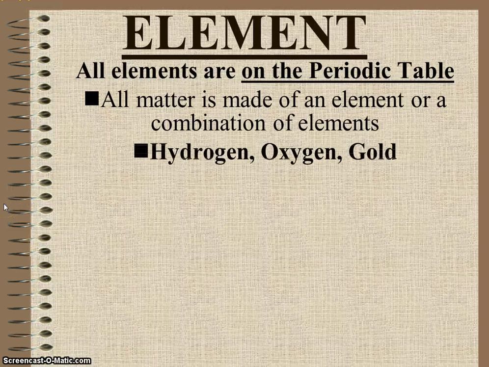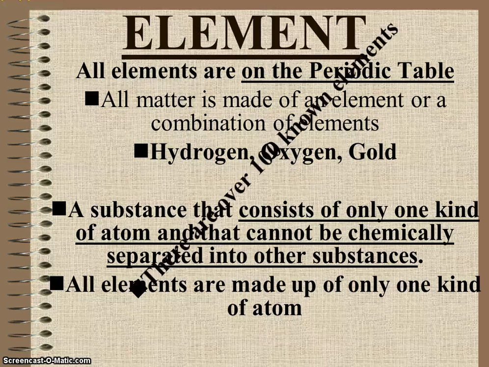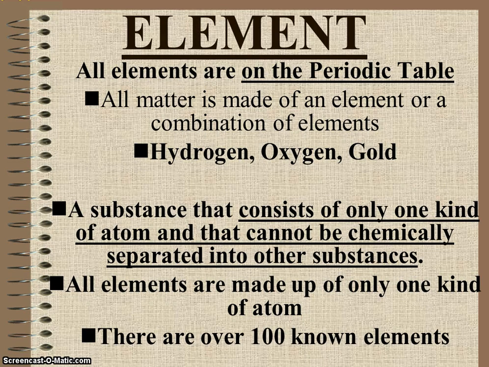First, it's important to know what an element is. You've probably heard us refer to elements in class when we're talking about atoms, because they're really very relatable terms, right? You can find all the elements on the periodic table. All matter is made of elements or a combination of elements. That probably sounds like atoms, right? All matter is made of atoms or a combination of atoms.